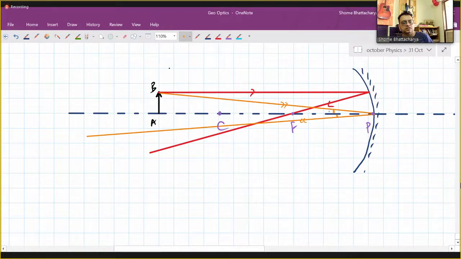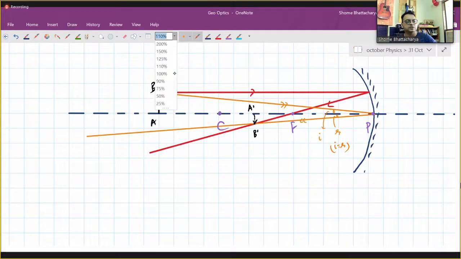This angle of incidence here will be equal to this angle of reflection here. And so we will see that the image of the point B is now formed here for these two rays. So this becomes the real, inverted and in this case diminished image of the extended object AB.